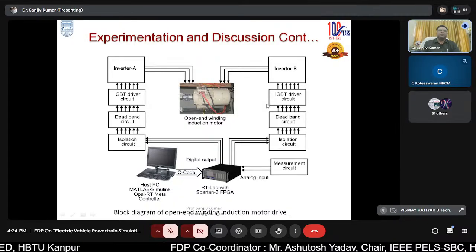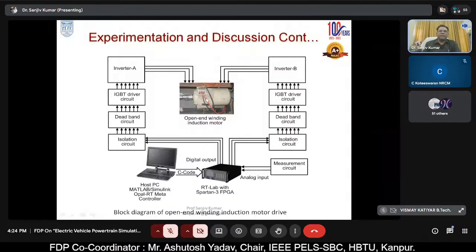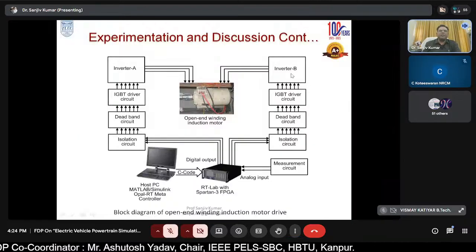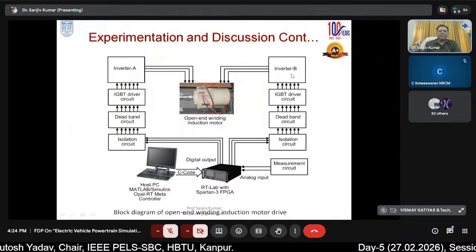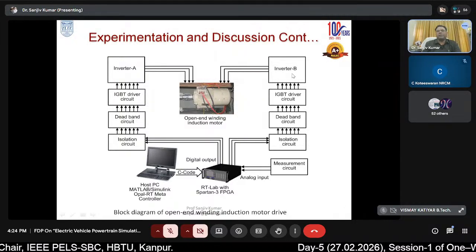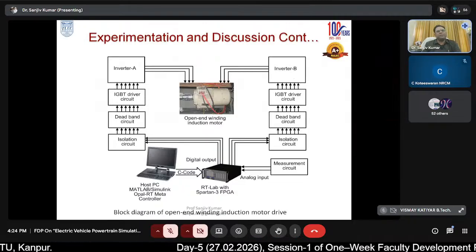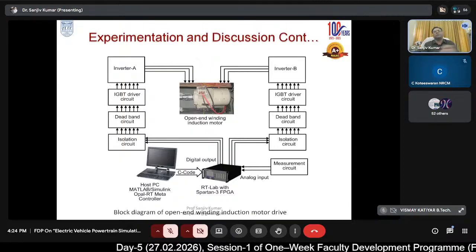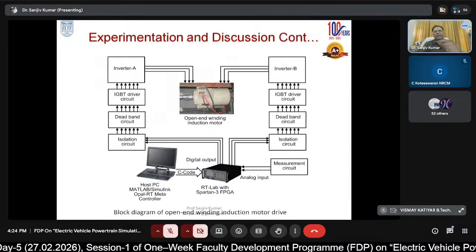This is the hardware setup. What we did, this is an open end winding induction motor, which is fed by two inverters, right? And these inverters have power electronic switches. IGBTs are used, and IGBT or MOSFET depending upon the rating for which you are going to develop. At present, I have used IGBTs, right?